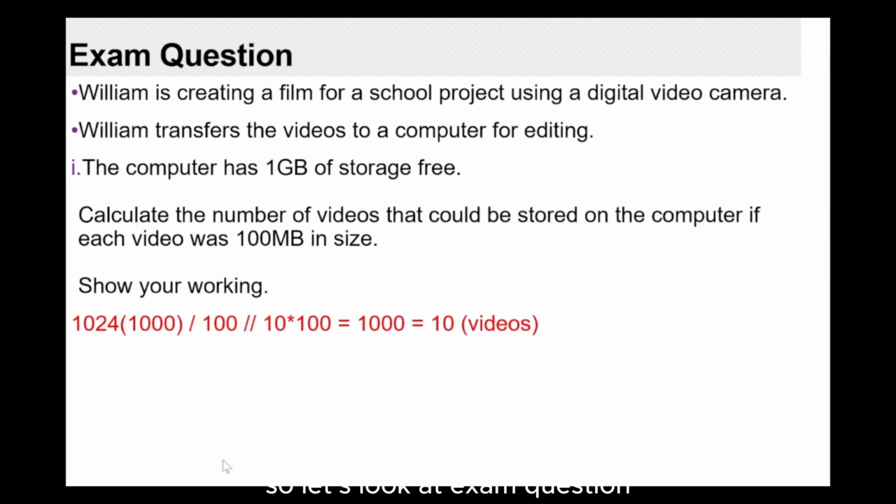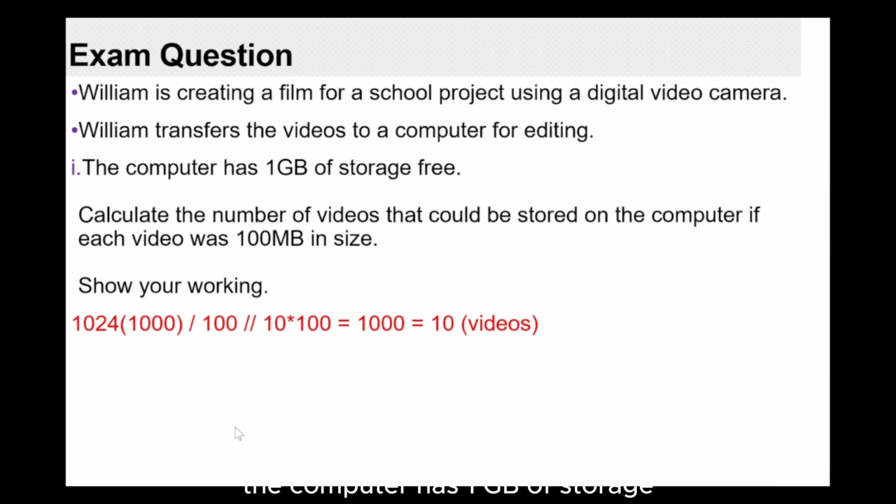So let's look at an exam question, and this is the last slide we are going to be looking at. William is creating a film for a school project using a digital video camera. William transfers the videos to a computer for editing.